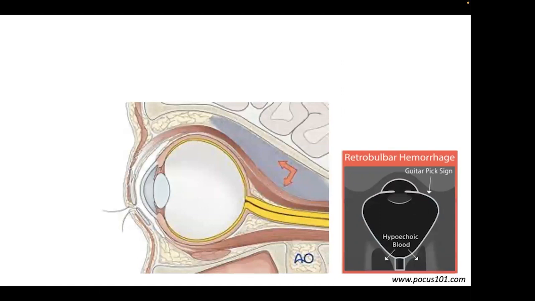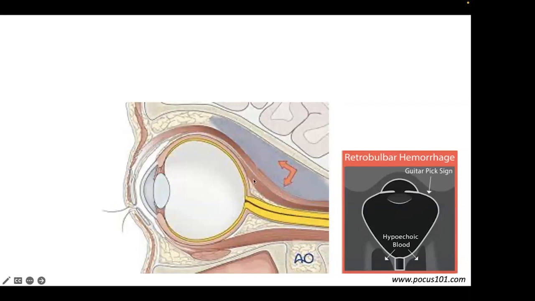You can also see retrobulbar hemorrhage in cases of trauma. This is a hematoma which accumulates in the posterior chamber of the eye around the optic nerve.